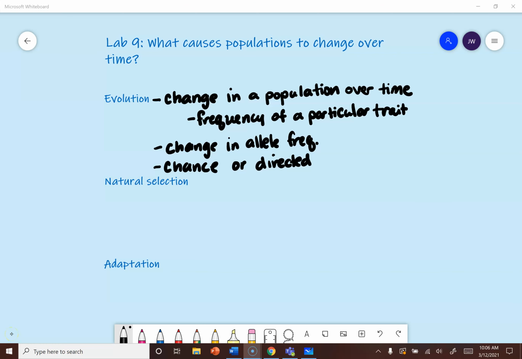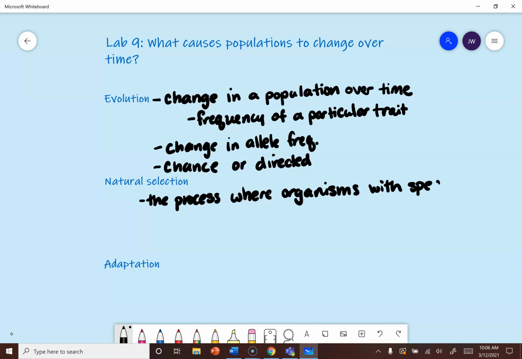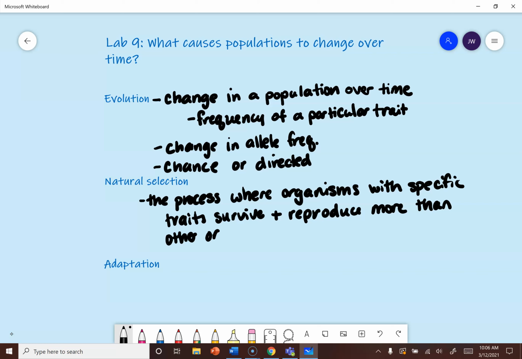So natural selection is the process where organisms with specific traits survive and reproduce more than other organisms without those traits.